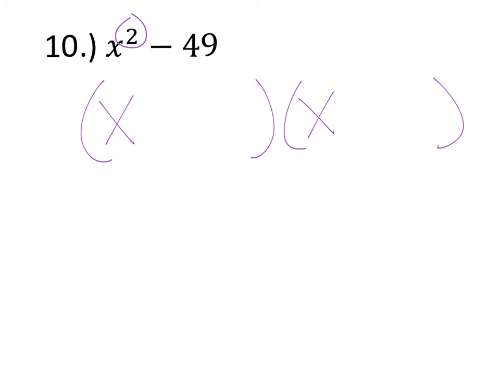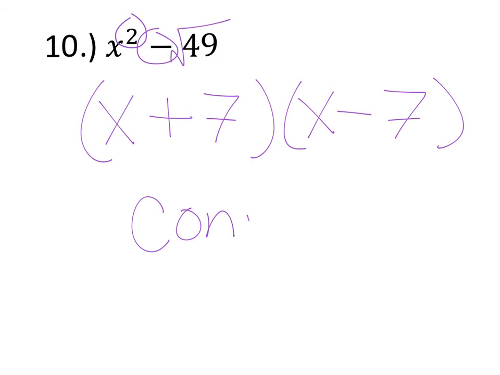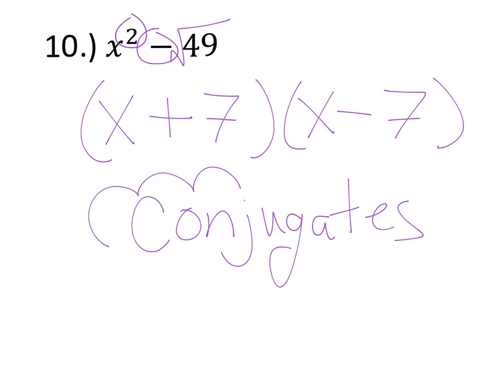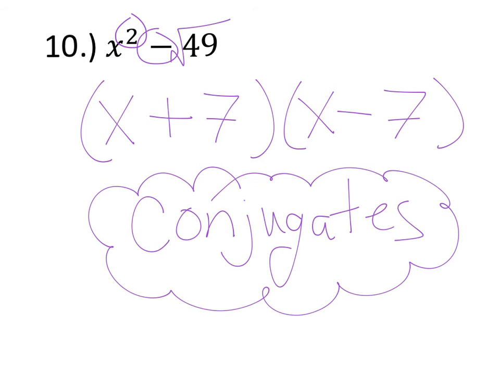We know it's going to be x and x, and since this is a minus sign, I know I'm going to have a plus and a minus, and then it's always just going to be whatever the square root of this number is, which in this case is going to be 7 and 7, and then you're just done. And remember, these are called conjugates. Okay, go ahead and impress those Algebra 2 teachers with that vocab word.